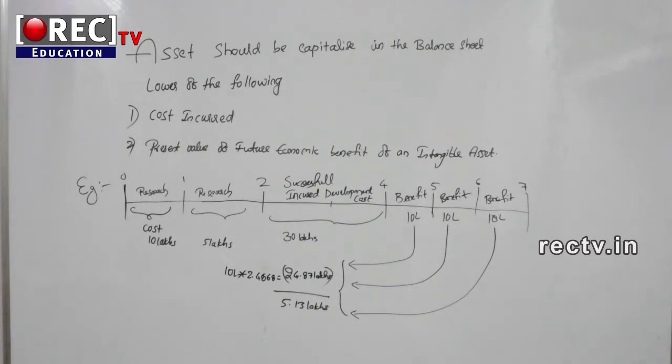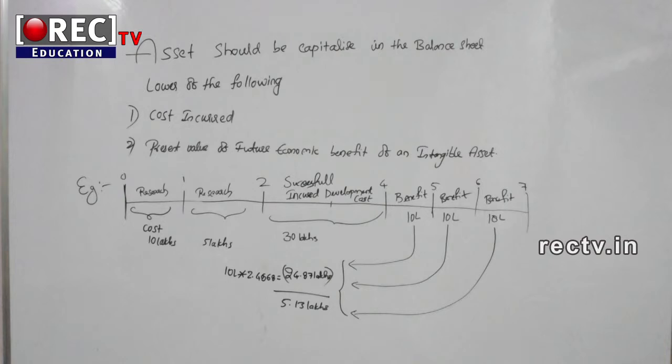However, the capitalized value should not exceed the present value of future economic benefit, and the present value of future economic benefit is 10 lakhs into the PV factor of cash flows, that is 10 lakhs into 2.4868, 24 lakh 87,000. Out of rupees 30 lakhs development cost, only 24.87 lakhs can be capitalized, and the remaining cost, that is 5.13 lakhs, shall be charged to the P&L account.